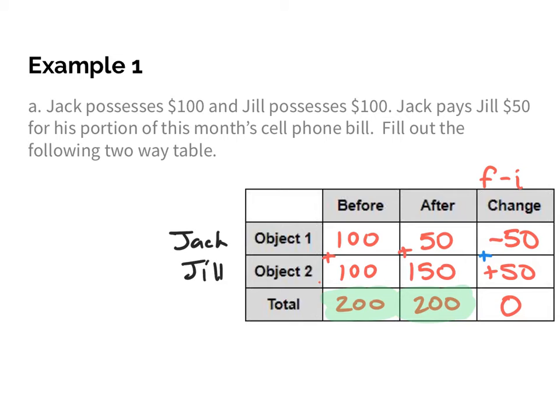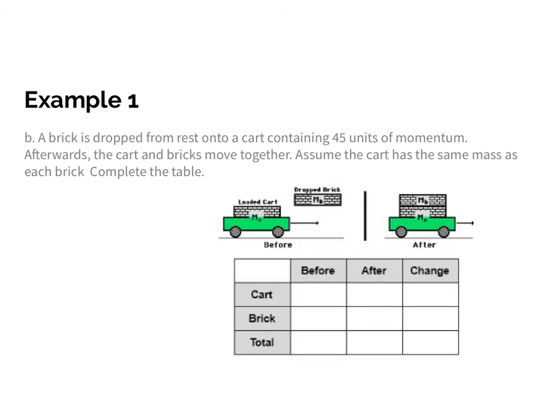And this is another way of explaining the conservation of momentum: overall, the change in momentum is not going to be different. It's going to stay 200, such that if I subtract 200 and 200, I get 0. So this is an idea of money, but it's the same idea we're going to see with momentum. So here's an example of a collision.